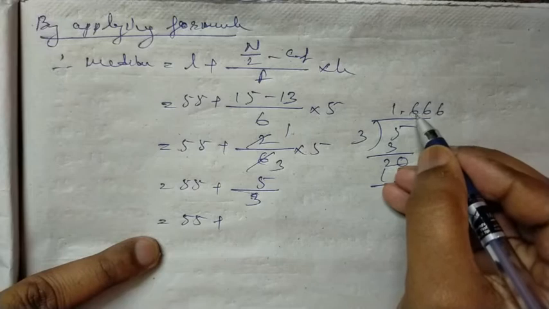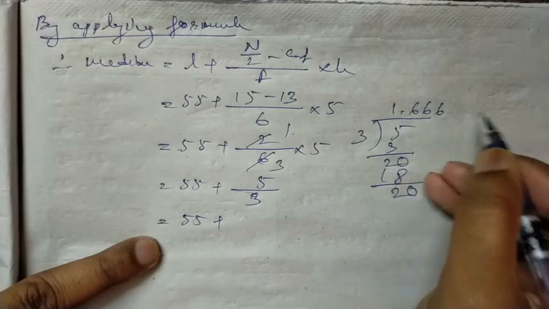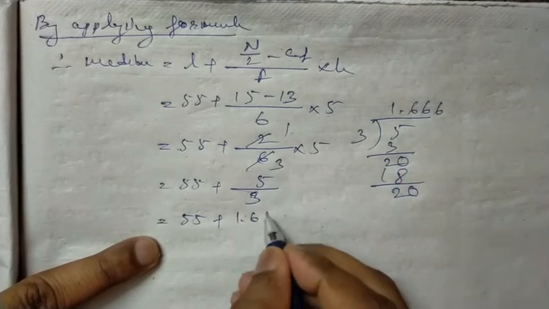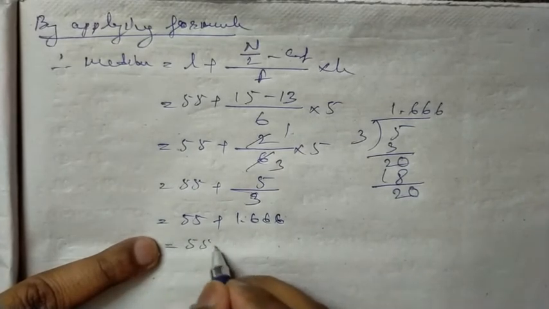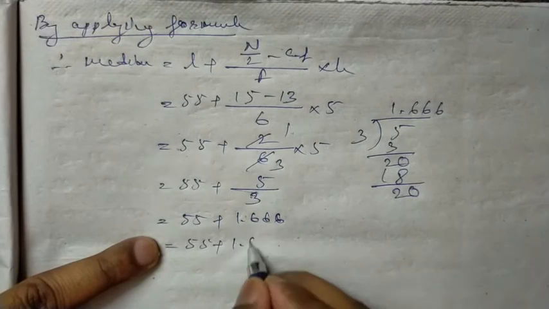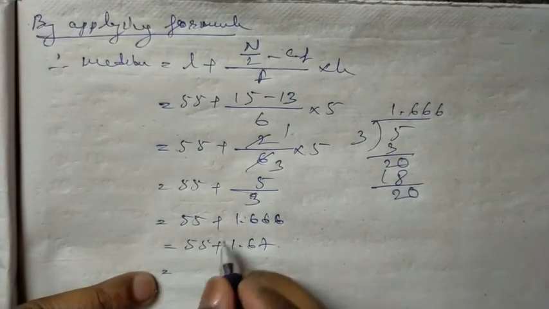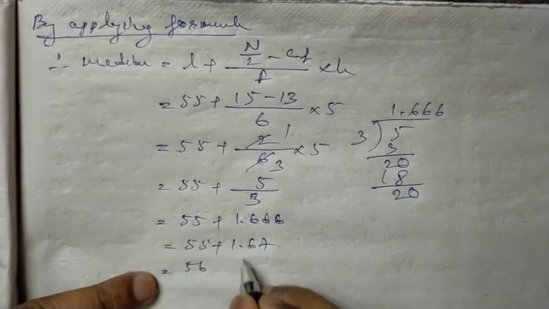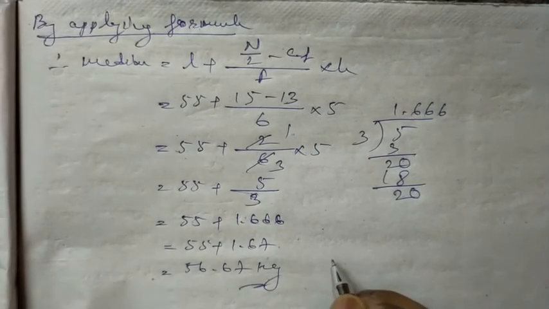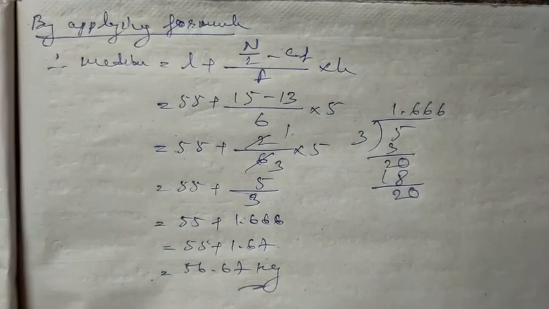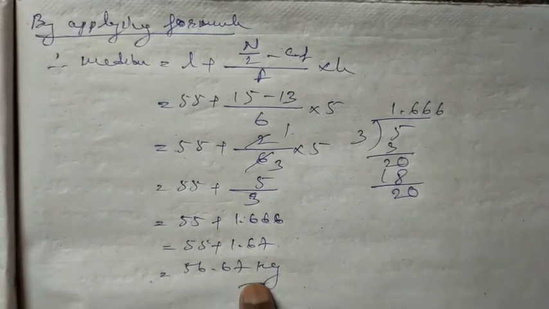So we can approximate it to 1.67. So it will be 56.67 kg. This is our answer for question number 7, the median.